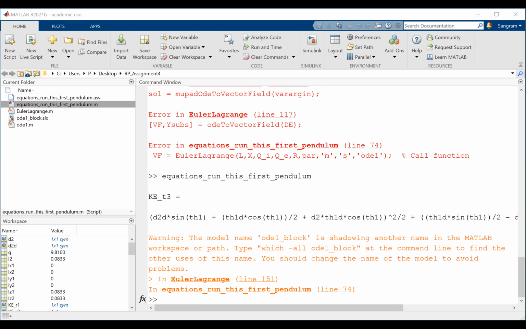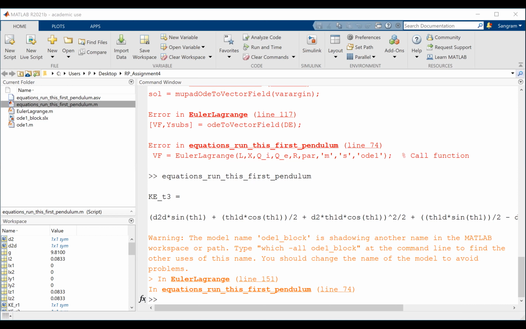Now we have to call this function, which is called Euler-Lagrange. So this is the exact script that you need to run. You will call this Euler-Lagrange code. First value is you have to specify the Lagrangian, states, internal forces, external forces, dissipation elements, parameter.